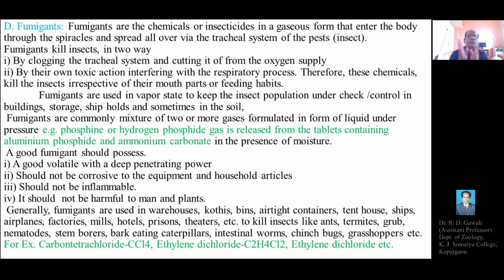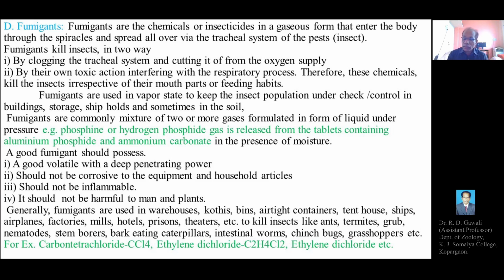So we can use fumigants for the control of pests found in stored grains or in houses. Different household pests and stored grain pests can be controlled using fumigants in closed situations only. We cannot use fumigants for the control of crop pests in the agricultural fields.